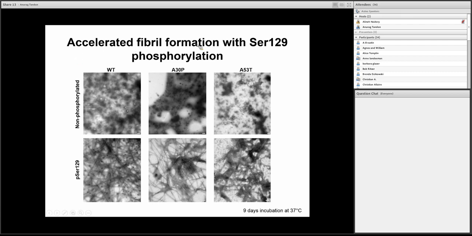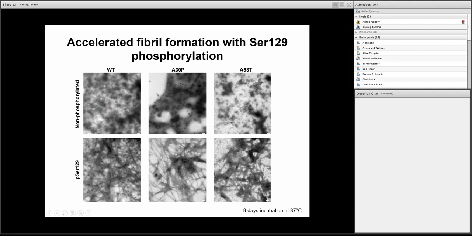So here you can see normal, or what we call wild type alpha-synuclein. This is normal synuclein without mutations. And two types of synuclein would either have the A30P or A53T mutation. These are both mutations that are present in Parkinson's disease. And if we purify this synuclein, this is done with 9 days incubation at 37 degrees.